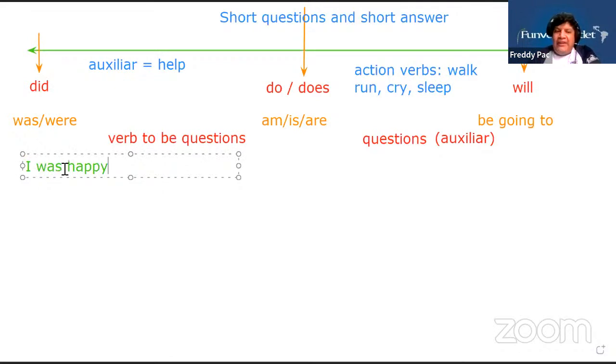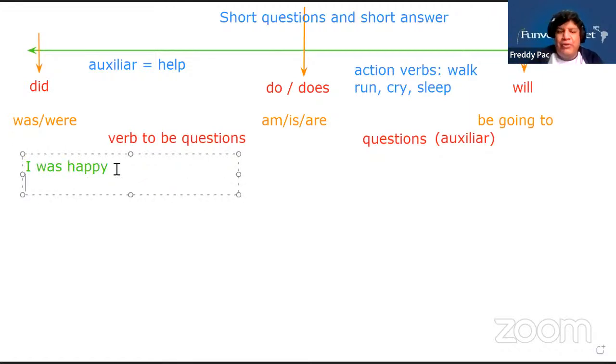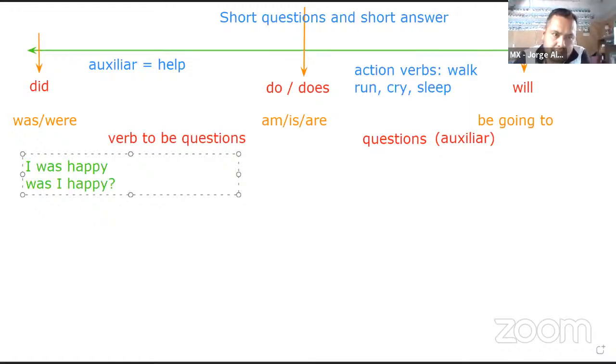The only thing that I have to do is to pass the verb to be to the beginning and then to finish with a question mark. What is the rule number one? The verb to be at the beginning. Was I happy? And then what is the rule number two? The question mark.